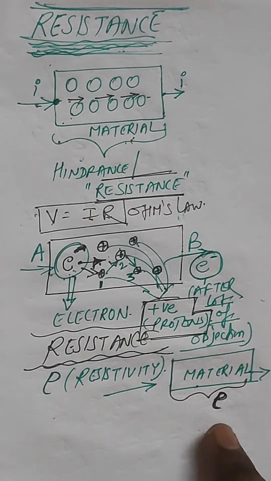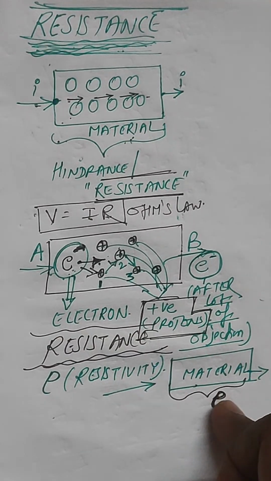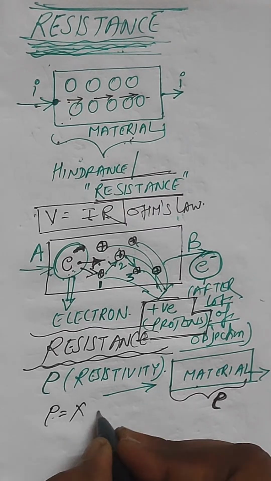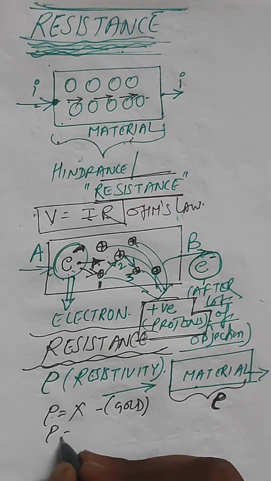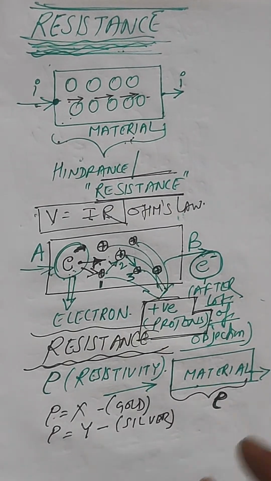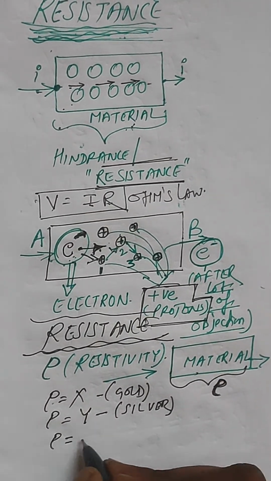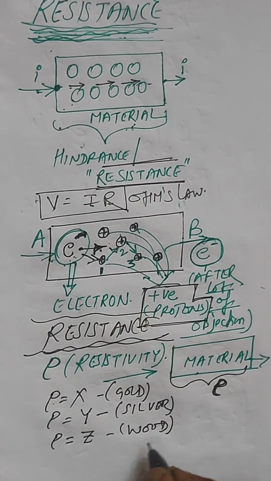So this resistivity is simply saying that the value of resistivity can be x for maybe gold, y for silver, right? These are the metals I am considering, and the resistivity of maybe wood will be z, like sulfur and any other.